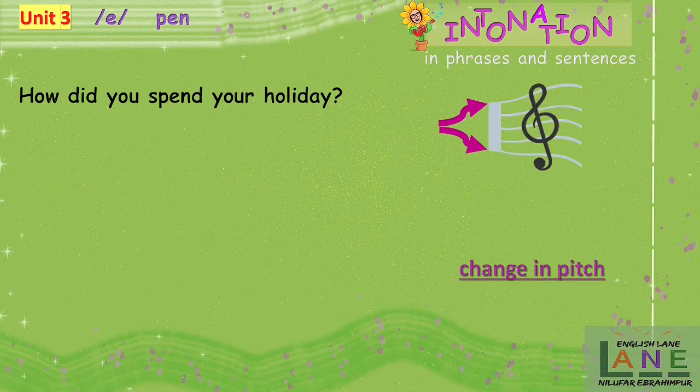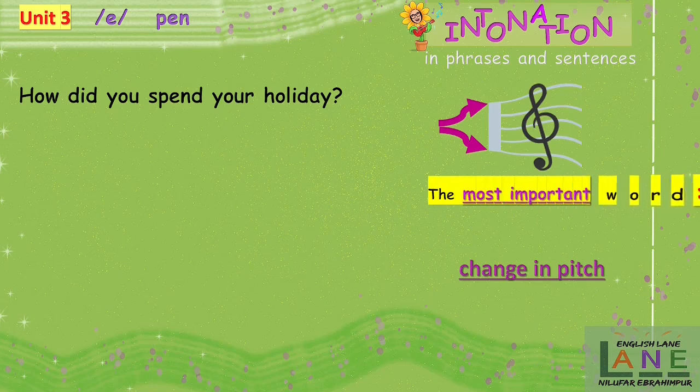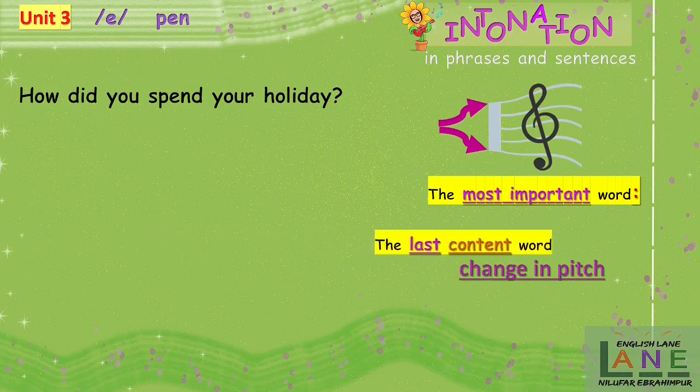But how do we know the word that we need to use a lower pitch on? How do we find that word? The most important word. In sentences and phrases, what is the most important word? The last content word. Okay, so it's easy. This is the end of the sentence, and this one is the last content word.